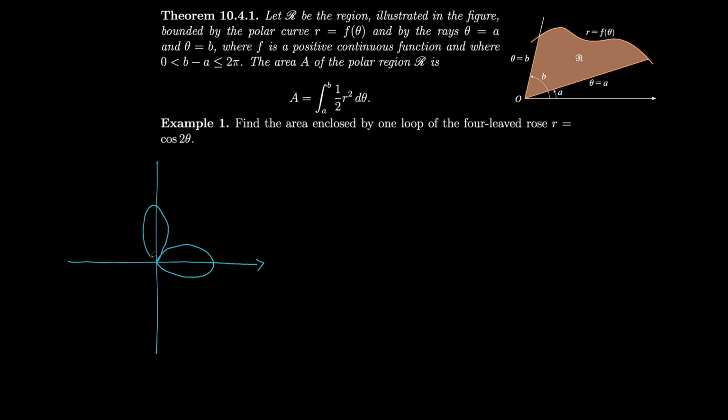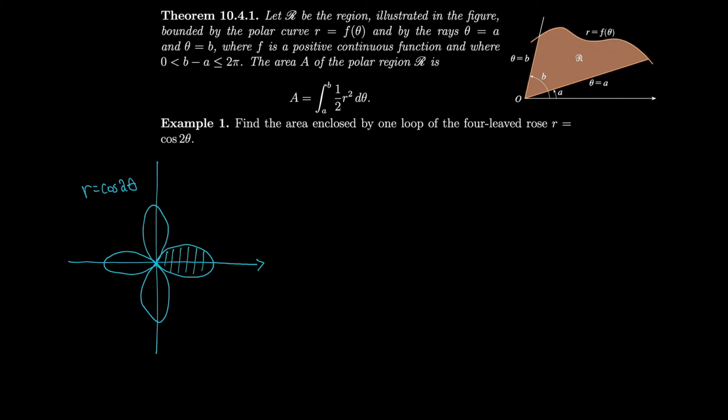We had 4 loops. It's supposed to be symmetrical. Okay, so this is r equals cosine 2 theta. I would like the area of one of these loops, so how about this one?